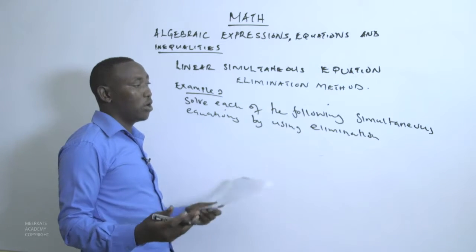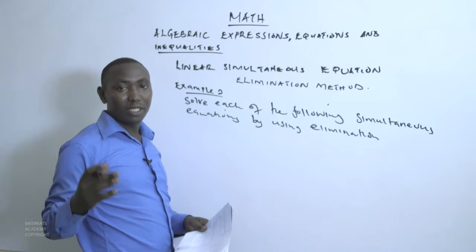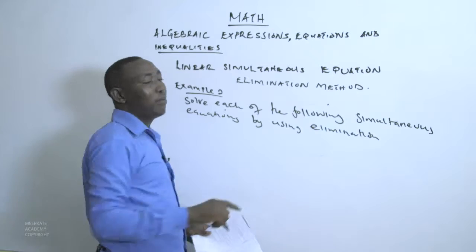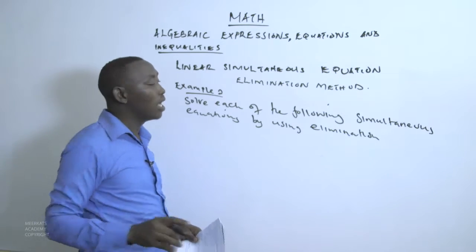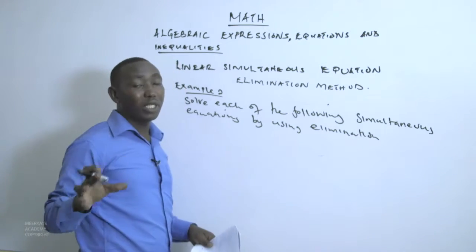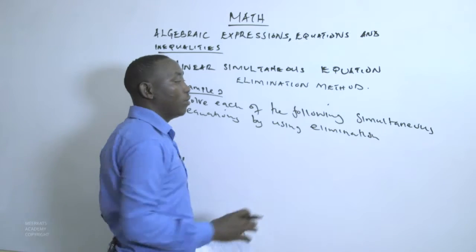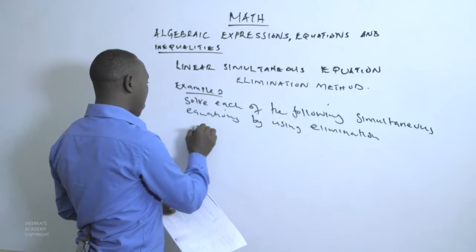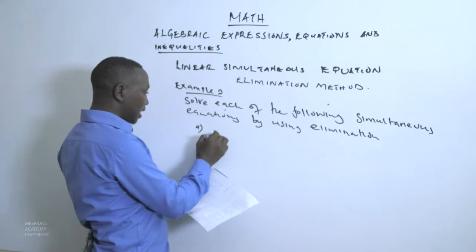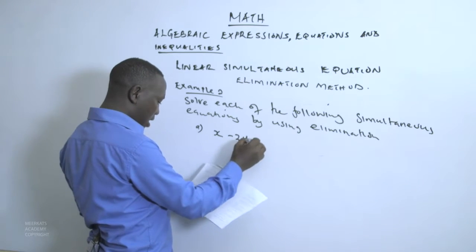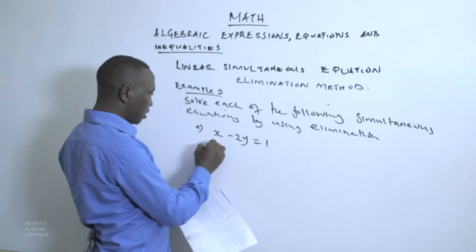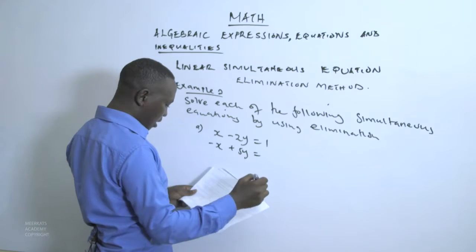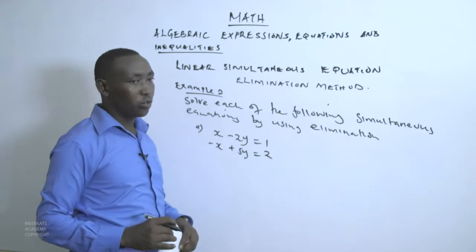Whether to use substitution or elimination is not up to you. It is the examiner who will determine which method you are going to use. Like in this case, we have been strictly restricted to use the elimination method. But we are told that x minus 2y is equal to 1, minus x plus 5y is equal to 2.